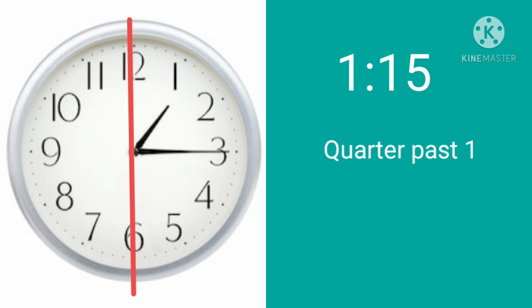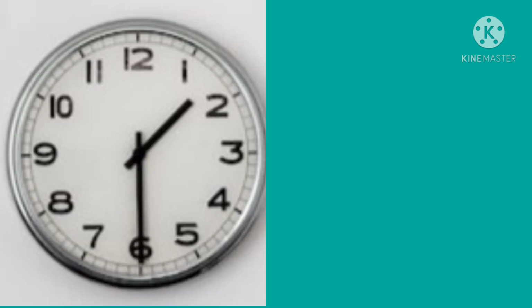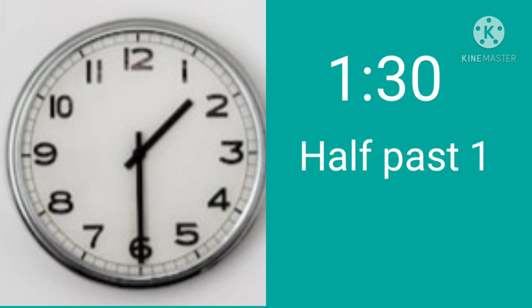So, we say 15 minutes past 1. Now look at this clock. Yes, it is 1 hour and 30 minutes. So, we can write it as 1:30 and we can say it as half past 1 because half of an hour is equal to 30 minutes.